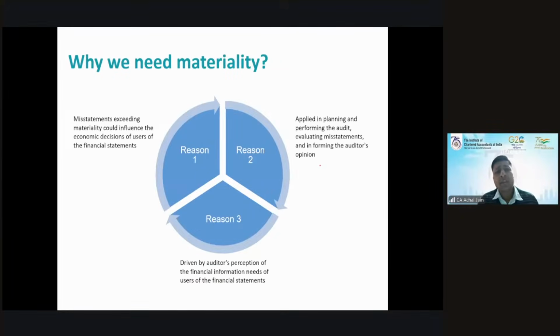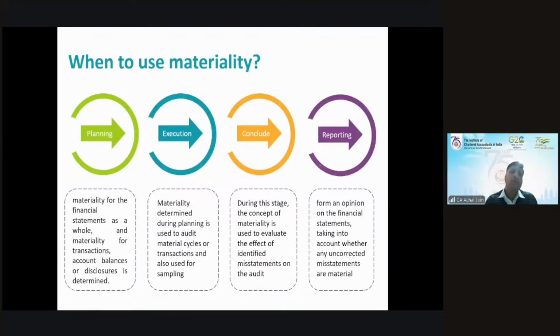Now, there are a few reasons we have talked about as to why this materiality is required to be looked at. Where is it really relevant and in what context? If this is something that you plan to use, where do you use this? At all stages of audit, this is required to be used. Why?